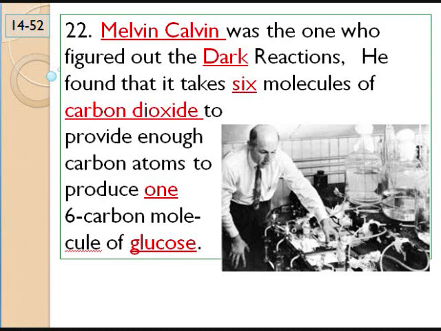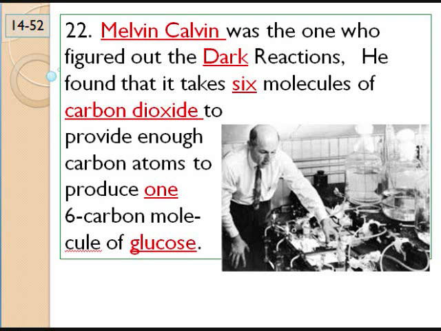He was the one who said take 6 molecules of carbon dioxide to make just 1 molecule of glucose. Because I need 6 carbons. Well, in 6 carbon dioxides, I got my 6 carbons. I got 12 oxygens, though. But I do have my 6 carbons.